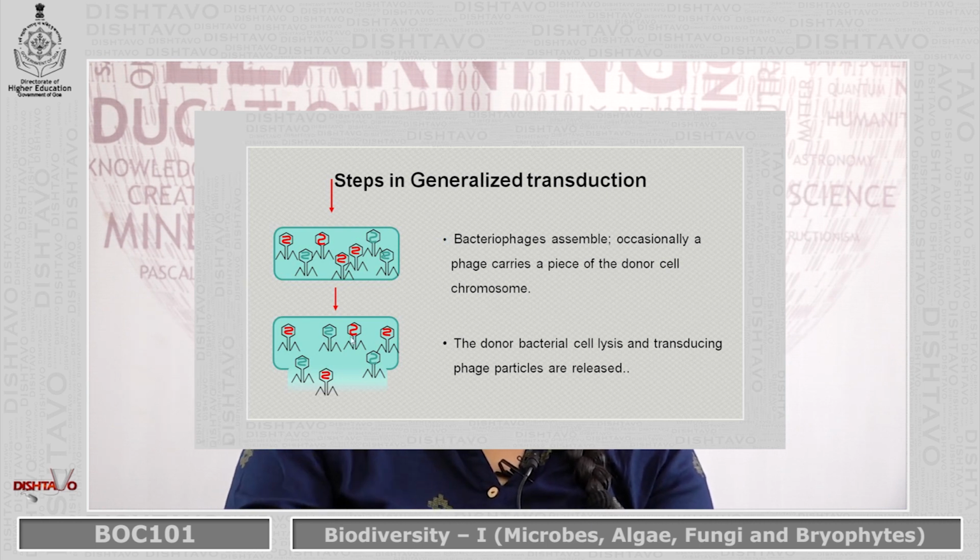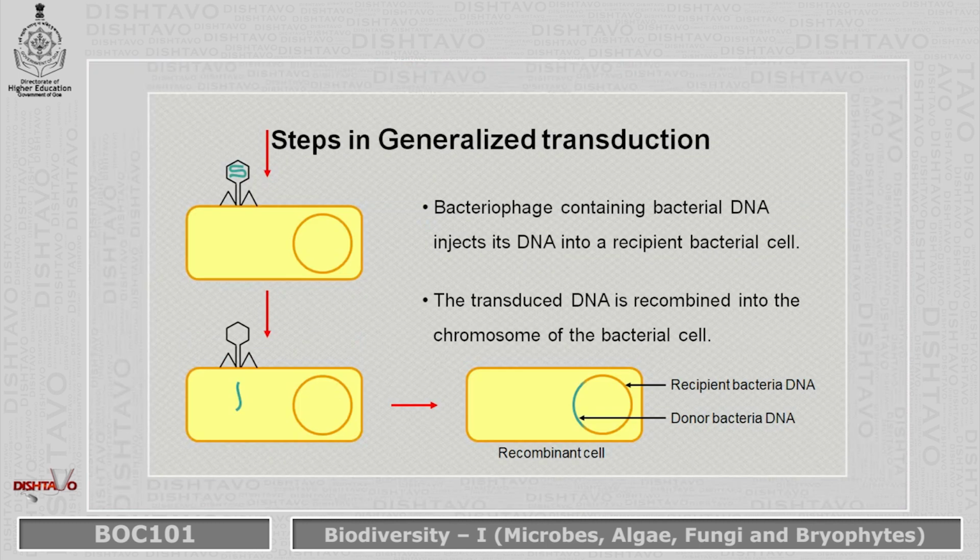Then this transducing phage goes and attaches to a new recipient bacterial cell. Here it is yellow in color. The bacteriophage inserts its genome into the recipient bacterial cell, and since now it is a bacterial genome and not a viral genome, it does not replicate itself, but rather it starts integrating into the recipient bacterial DNA, and in the end we get a recombinant cell.